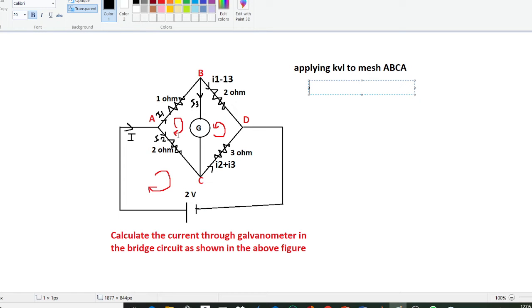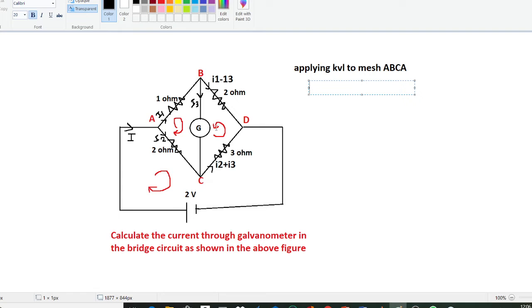So here we can write minus I1, and this will be minus I3, and this will be positive I2. Here this is a 1 ohm resistor, so minus I1, and this is a 2 ohm resistor.